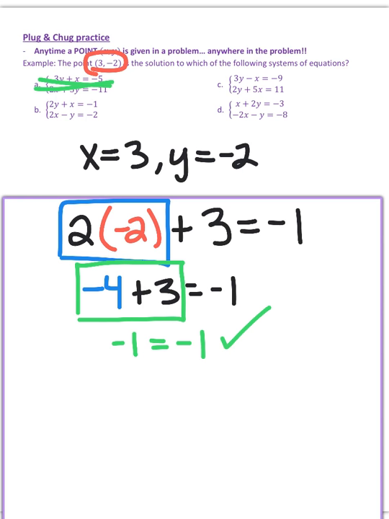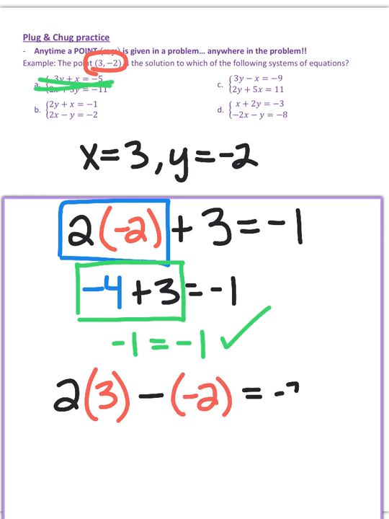So let's plug it in the second one and make sure it works there. 2 times x, but that would be 3 in this equation because of the point. So 2 times 3 minus, I'm plugging in the y of negative 2. Does that in fact equal negative 2? So we have multiplication here. 2 times 3 is 6.